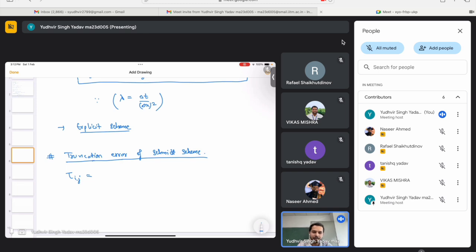Basically, the truncation error is nothing but the difference between the exact solution and the solution of the finite difference scheme. Let's say small u is our exact solution minus the capital U, which is the solution of our finite difference scheme.